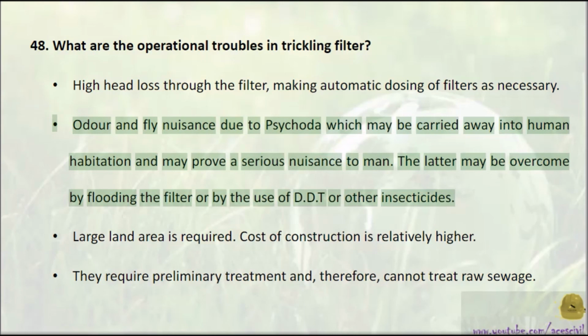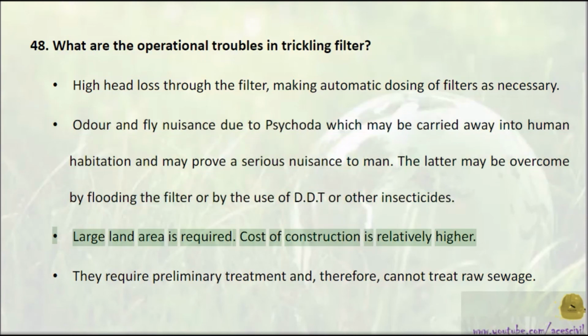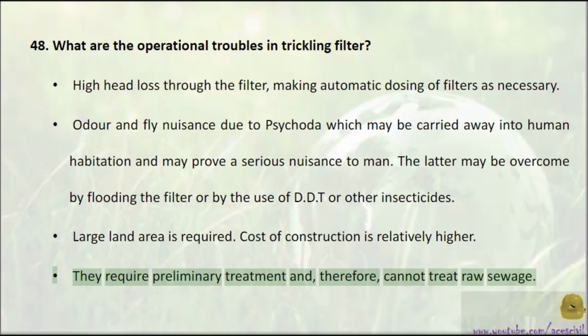The latter may be overcome by flooding the filter or by the use of D.D.T. or other insecticides. Large land area is required. Cost of construction is relatively higher. They require preliminary treatment and, therefore, cannot treat raw sewage.